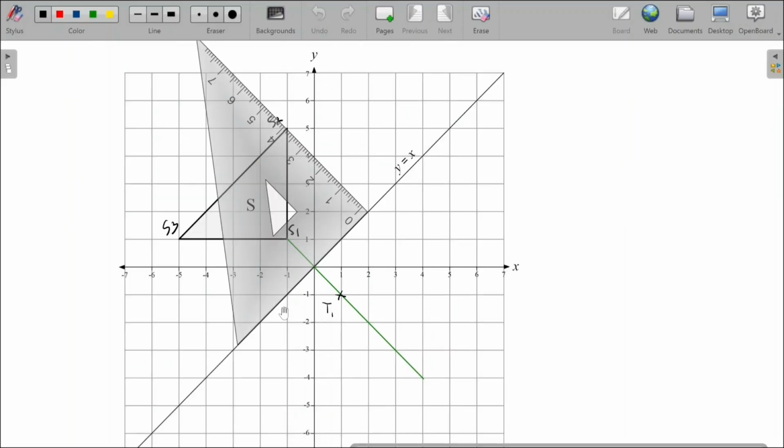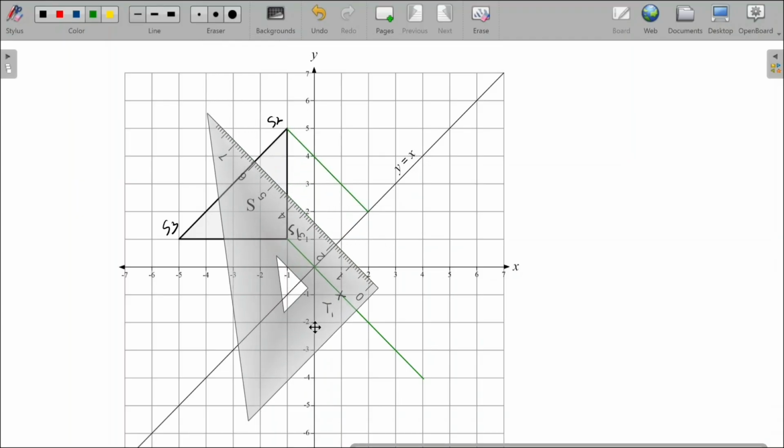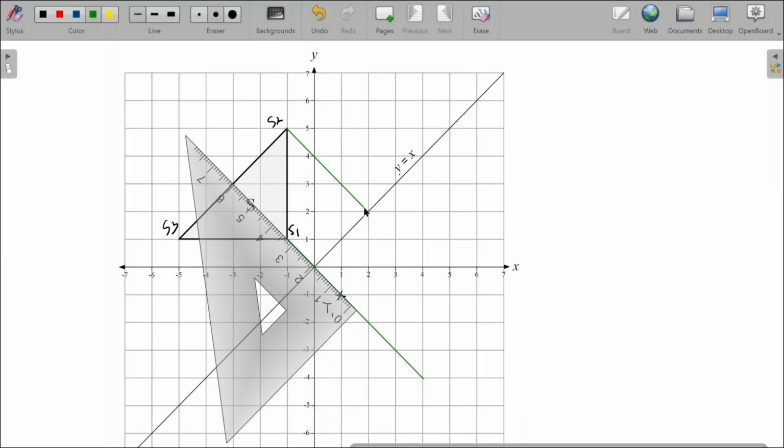Now that we have the set square sitting right, with its base on the slanty line of reflection and the side that makes a 90 with that base on S2, we draw a line from S2 to the line of reflection. Now we have the line from S2 that makes a 90 to the line of reflection. We extend the line to the other side of the reflection.